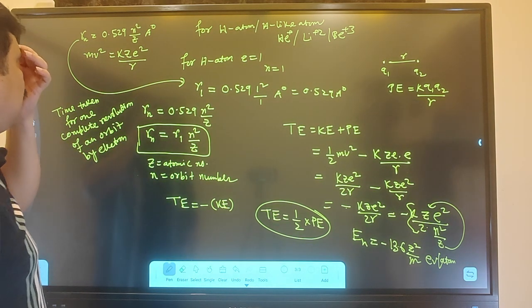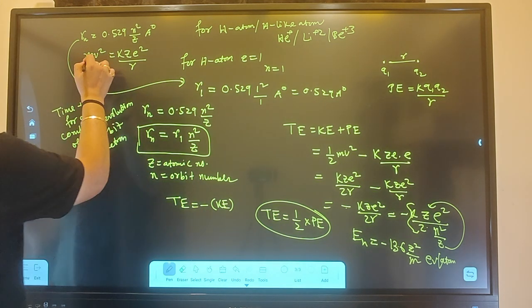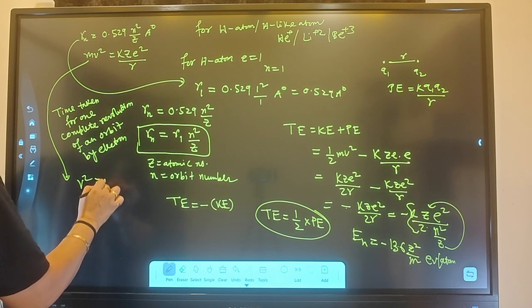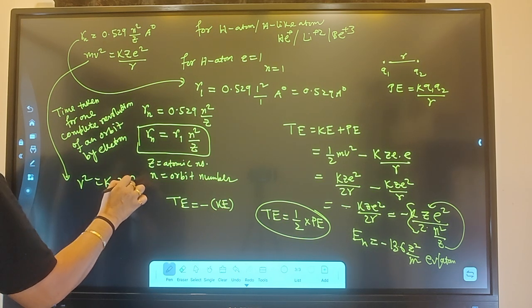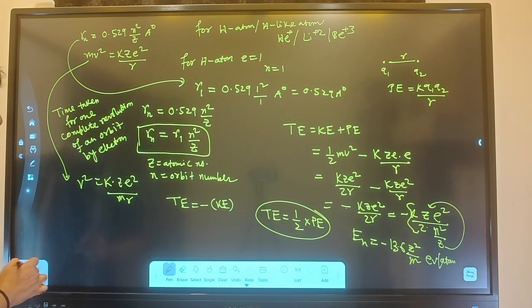Already you know the velocity. If you look over here, from here what can I write? My v square will be equals to kZe square by mr. Now these k, m, e are constant.